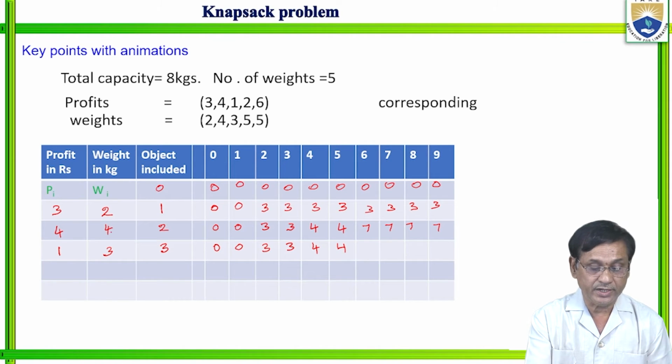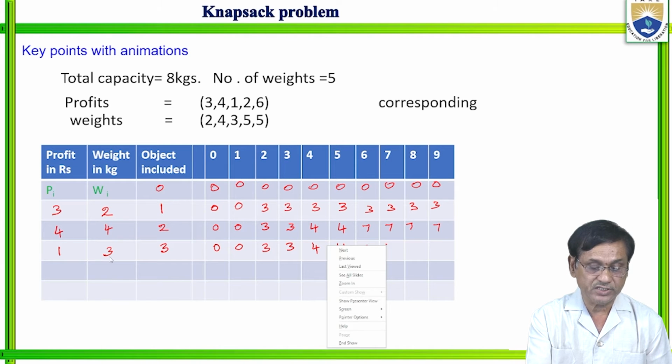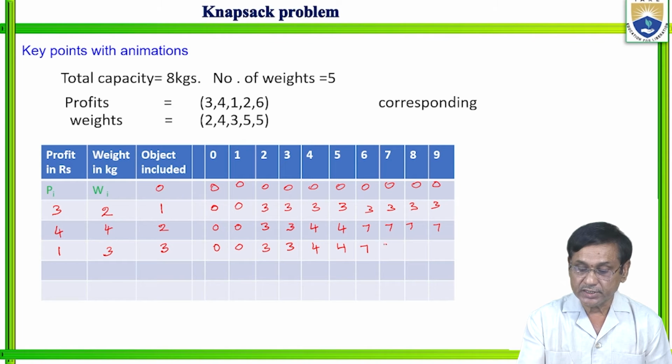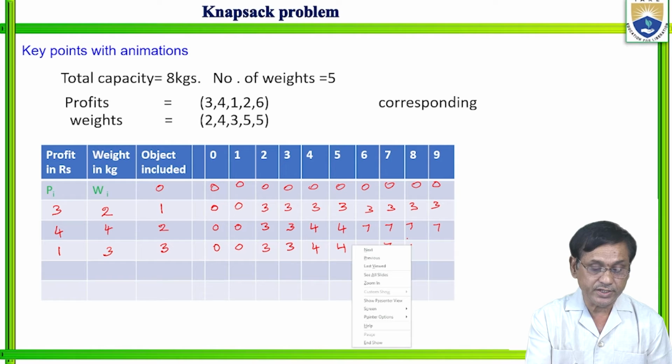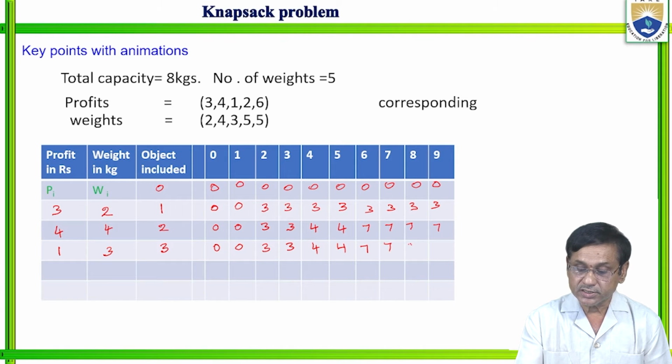When the weight is 6, we can include the first object and second object. First and second, the profit will be 7. And when it is 7 kg, 4 plus 3 is 5 only, 4 plus 2, 6. The profit is 7. So that it is 7. And when the weight is 8, 2 plus 4 plus 3 is 6 plus 3, 9. But here we are getting only 7.